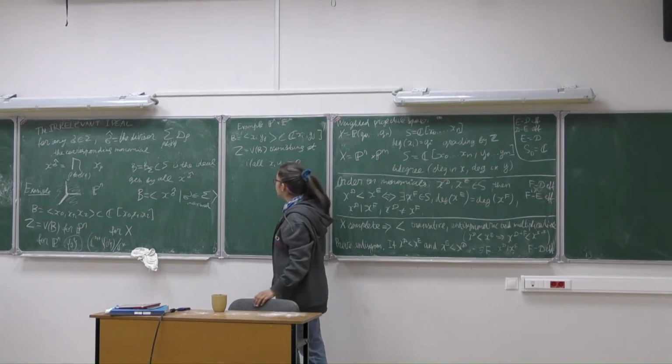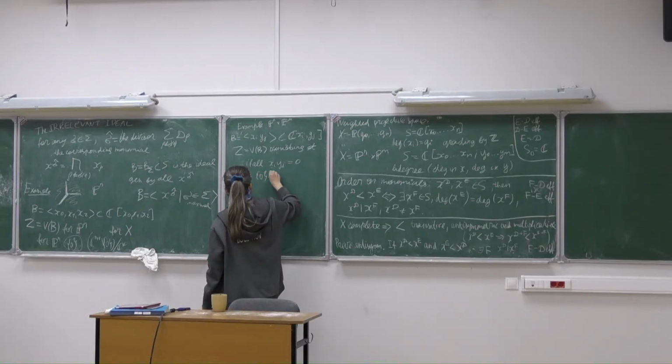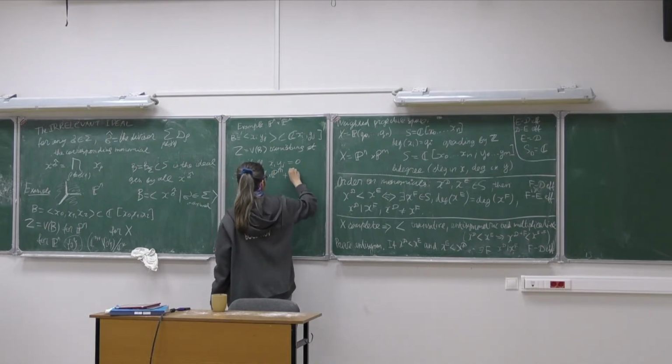Okay? So it is the union of 0 cross Pm plus Pn cross 0.